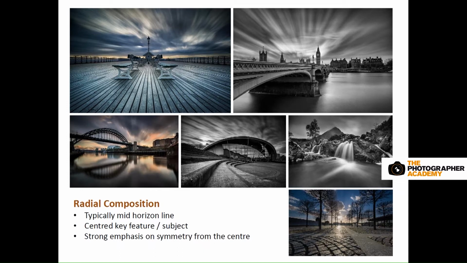A slight variation from that is a different style of composition where I've used the building, again taken in Newcastle, actually it's the Sage Centre in Gateshead, where I've used the building to radiate the sky lines and the step lines around the building, so it almost wraps itself around the building structure.